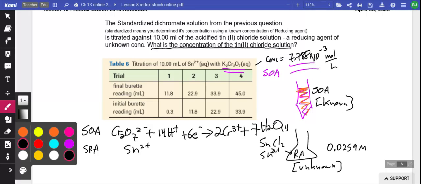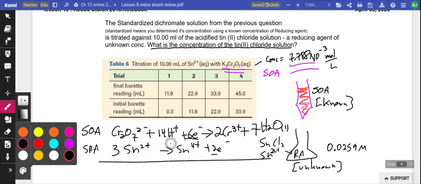One more quick scan. Oh, there it is. Tin 2 plus goes to tin 4 plus and 2 electrons. 6 gained, 2 lost. We got to make them equal, times everything by 3. Okay. Now we can add these up.